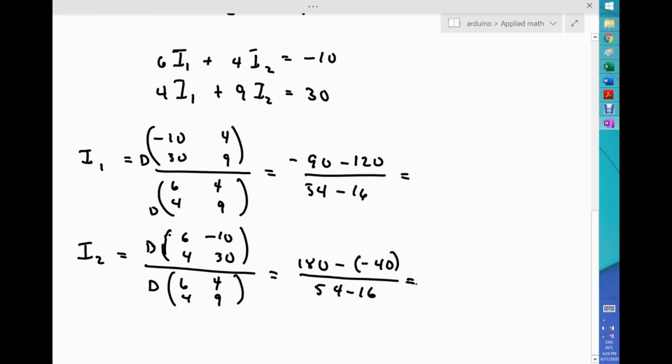I can certainly do this, so let's pull the calculator here, just so that it makes life easier.